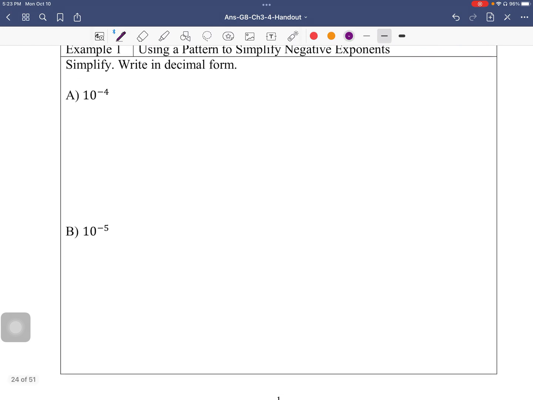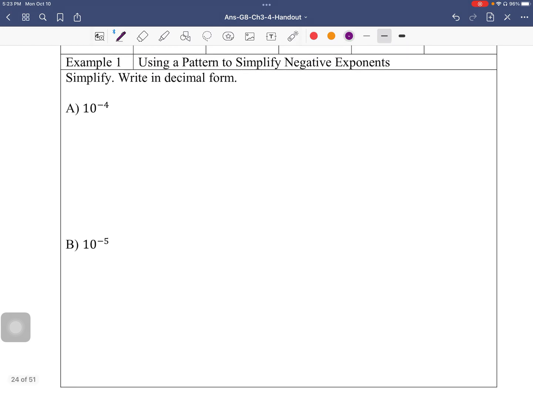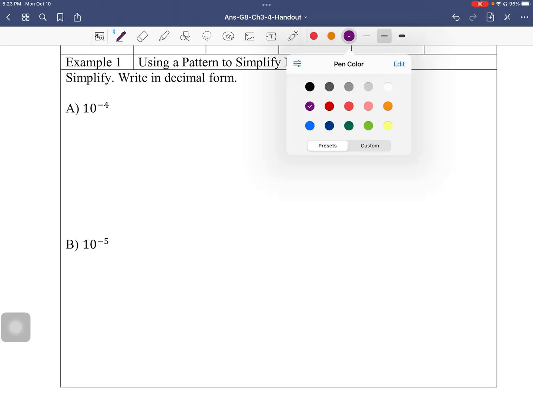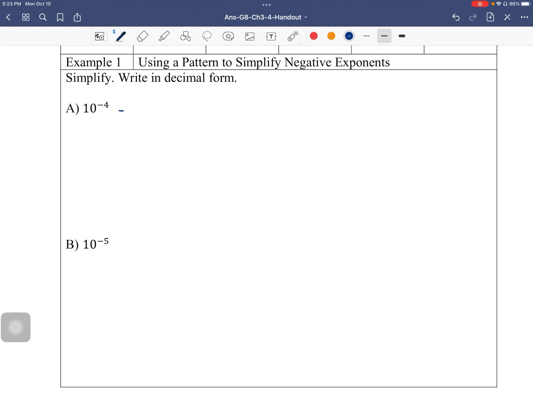So example 1, I want to use a pattern to simplify negative exponents. So 10 to the power of negative 4 becomes 1 over 10 times 10 times 10 times 10, so 1 over 10,000, which is 0.0001.